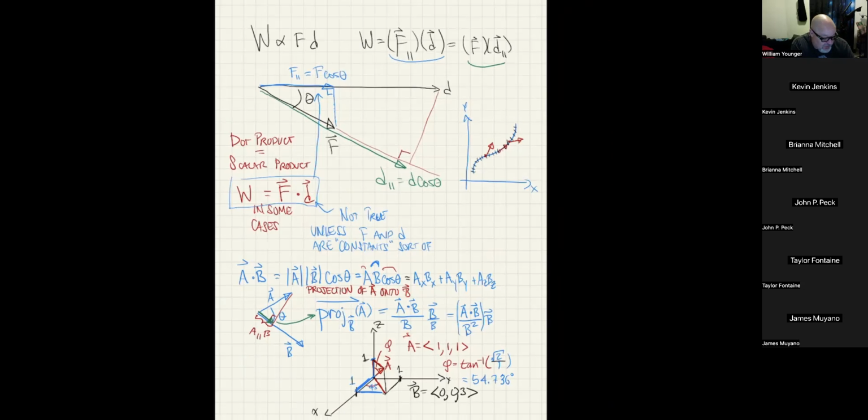But based on what we drew, we know that the angle between A and B should be 57.3736. So let's see if the dot product in fact gives us that.